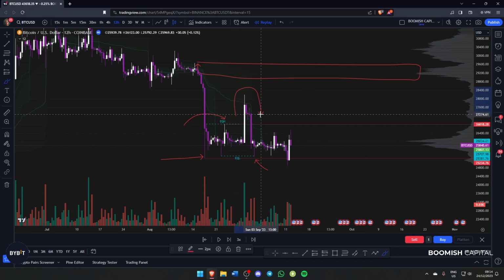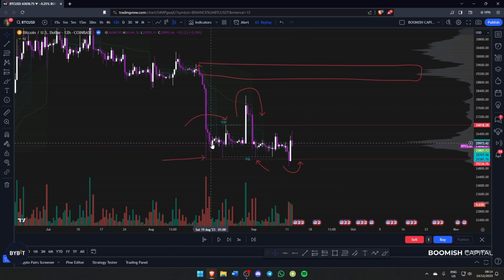So here you have one sweep, and now you have a sweep of the bottom. Now both these equal highs and equal lows, which were liquidity levels, and you could even consider this more liquidity, have been taken out, including liquidity on this wick. So now all of it has been taken out, and you're back into this established range, right?